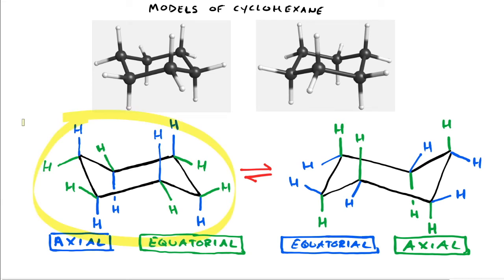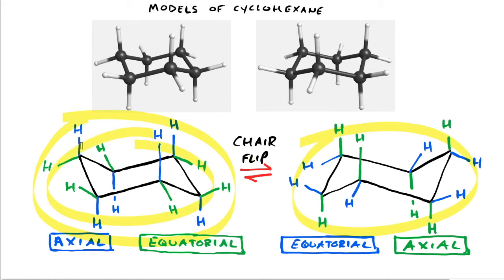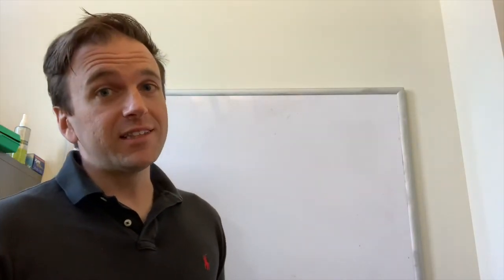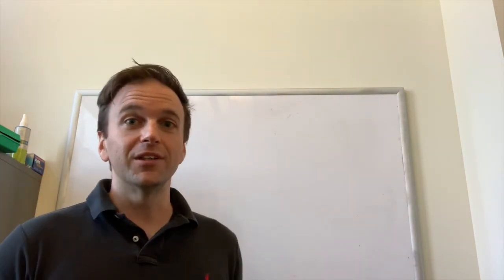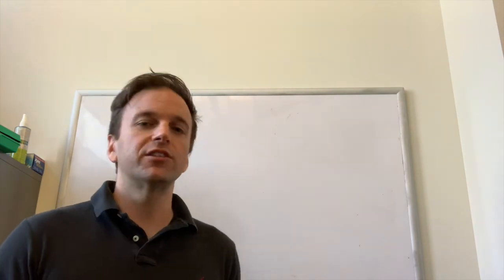Every position that is axial in this structure right here, after this chair flip process occurs, every position that's axial here will become equatorial in this structure. Every position that's equatorial over here will become axial in this structure. Okay, that was a lot to take in, and I ask you just to trust me that this thing called a chair flip interconverts the axial positions to equatorial positions and vice versa.